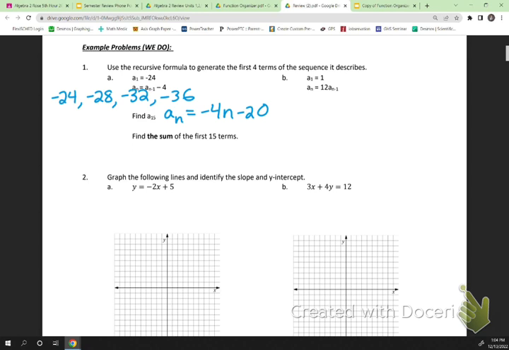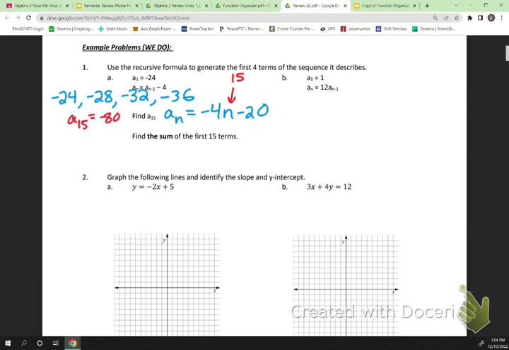So to get the 15th term, how do I use this equation now? Plug in 15 for n. Good. Let's do that. Plug in 15 for n. Got your calculators? -4 times 15 and then -20. What is it?